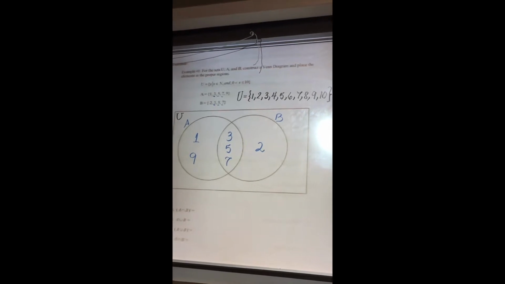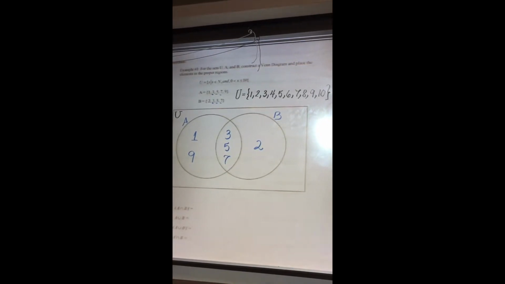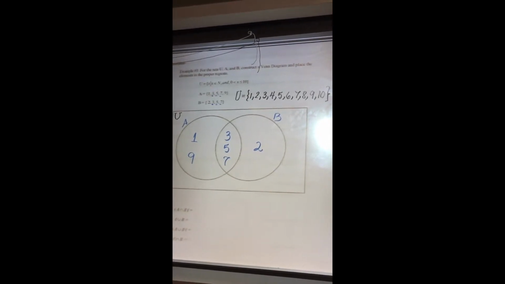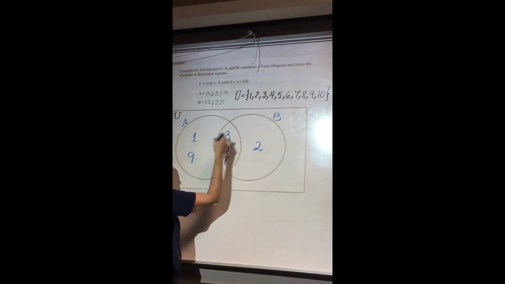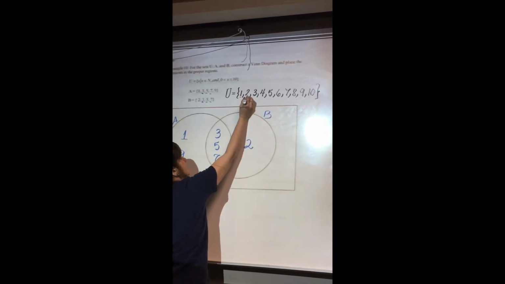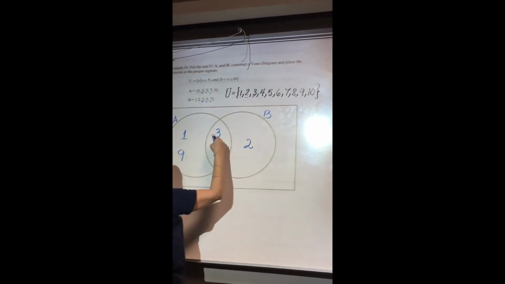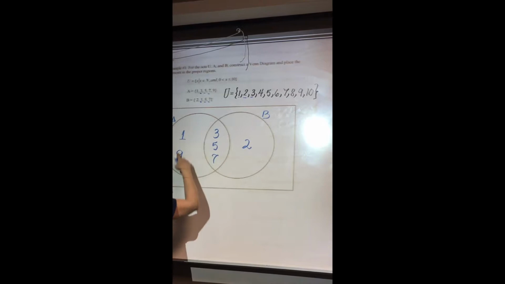Then we have elements that are outside of A and B that are in the universal set. 1 is already here, 2 is already here, 3 is already here, 4 isn't here at all.